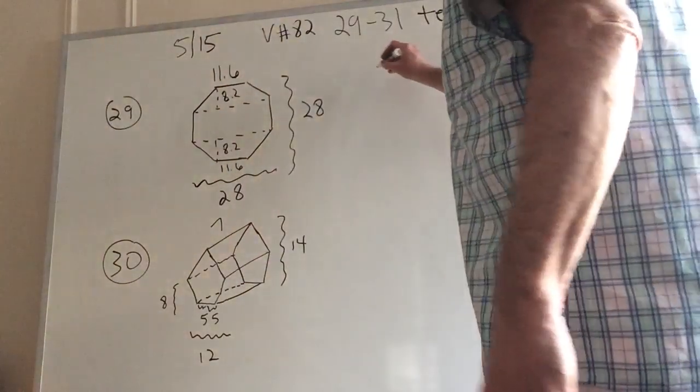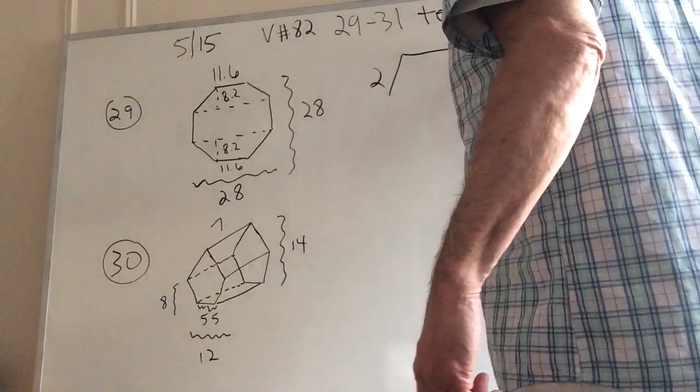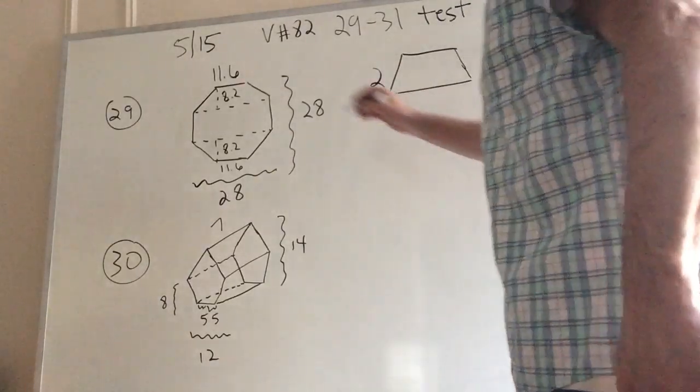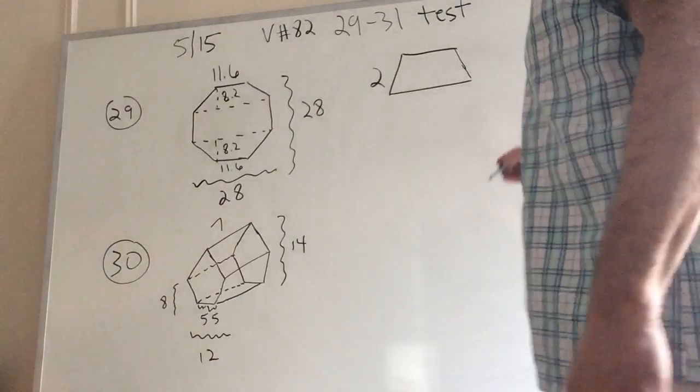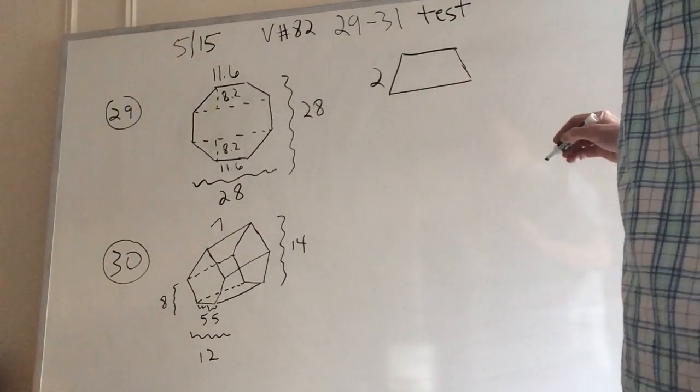So when we do a problem like this, we're thinking two trapezoids, the top and the bottom. So if we calculate one and we multiply by 2, we should be in great shape.